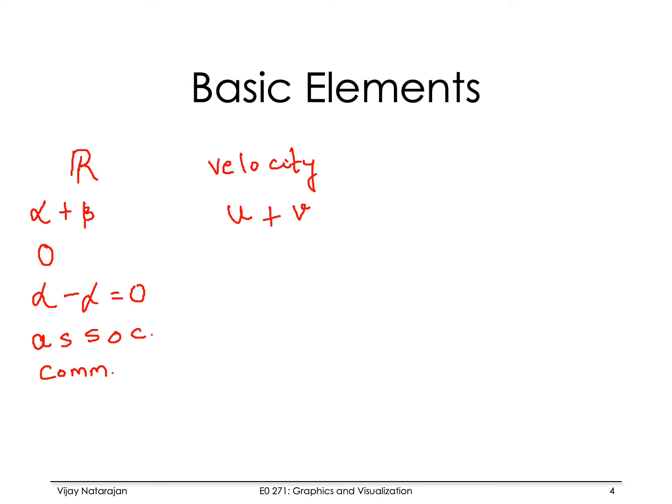Again, if you look at the collection of vectors together with this addition operator, if the identity is well defined, the additive inverse is well defined, we have associativity, right, and commutativity, then we know that we have a vector space, right?